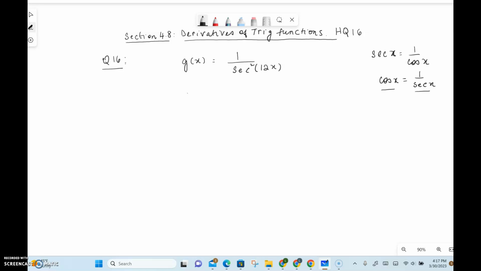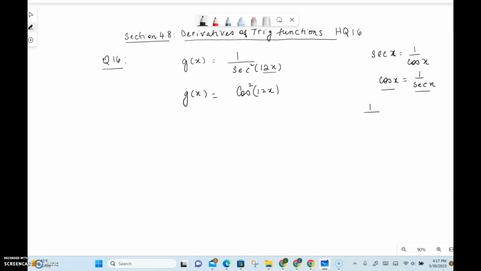Okay, so we have g of x. I think it'll just be easier if we write it in terms of cosine of x. So 1 over secant squared of x is the same as cosine squared. In this case, it's not x, but it's 12x.